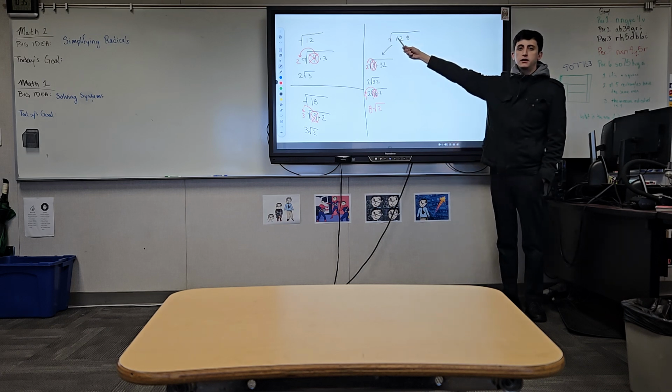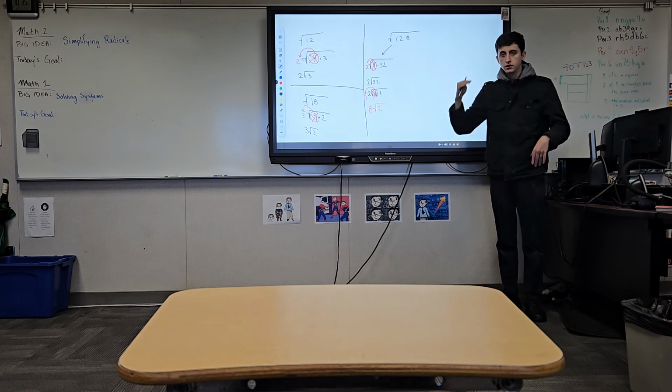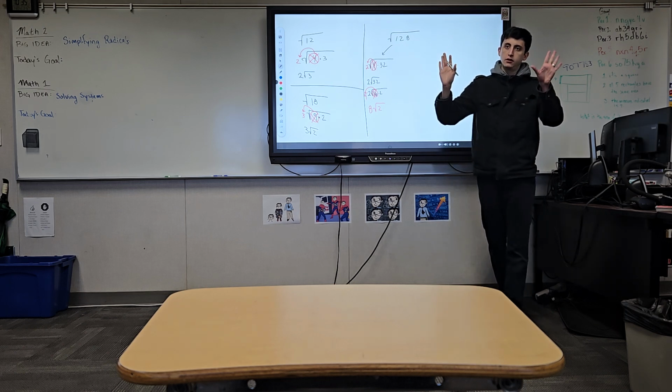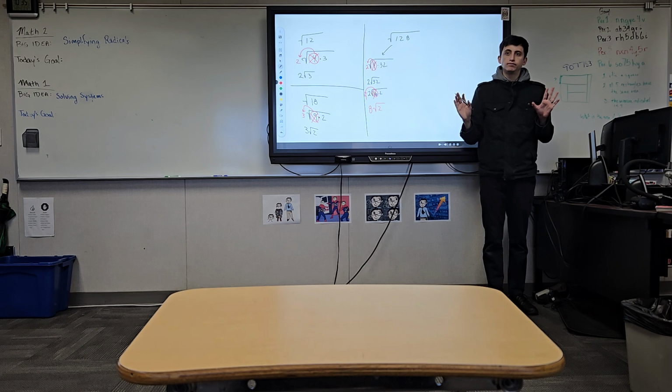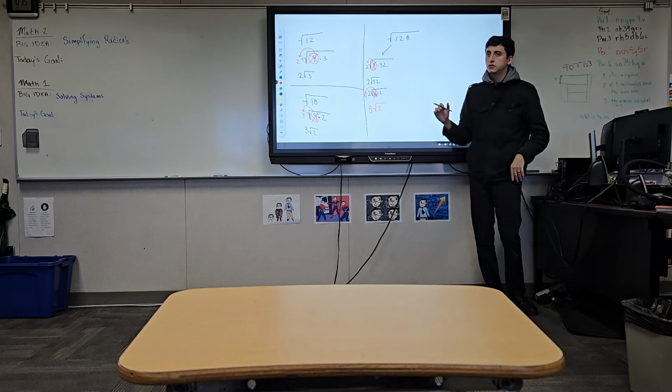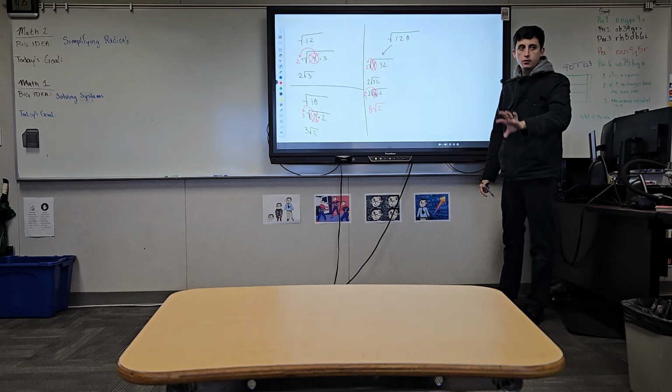Can this be factored with 121? 121 times an integer equals 128? No. Okay, so let's go the next one down. 100. No, right? 81. No. 64. Yes. So by doing it that way, we're making sure we're choosing the highest square number.